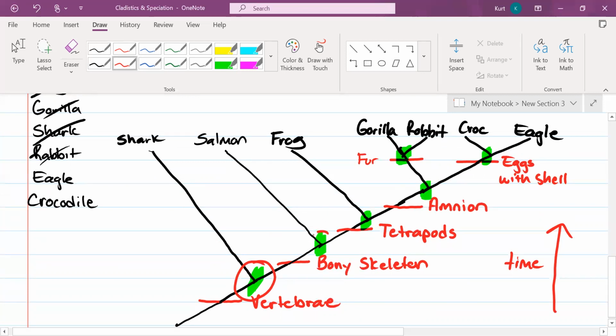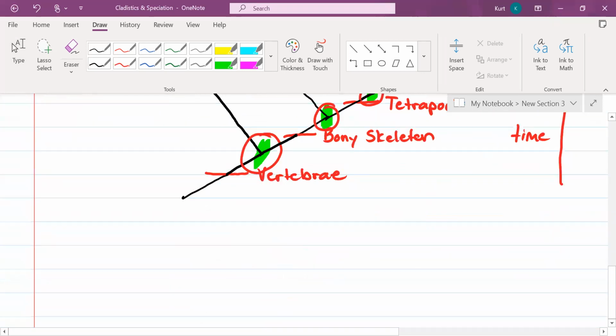This common ancestor is the one that the salmon, frog, gorilla, rabbit, croc, and eagle all have in common. And it just keeps going. This common ancestor is what the frog, gorilla, rabbit, crocodile, and eagle have in common. This common ancestor is what the gorilla, rabbit, croc, and eagle have in common. This common ancestor is the gorilla and the rabbit's common ancestor, and this one is the eagle and the crocodile's common ancestor. Okay? All right, that is a cladogram.